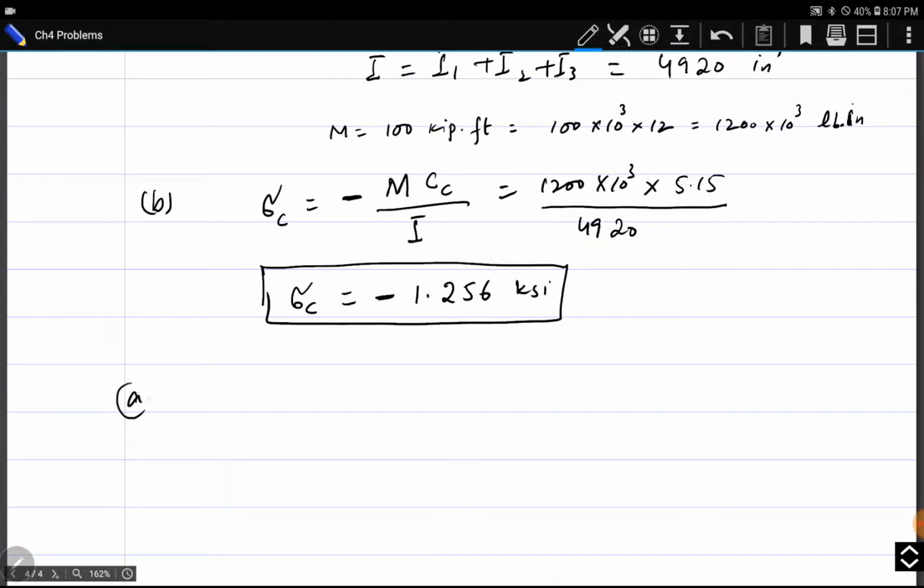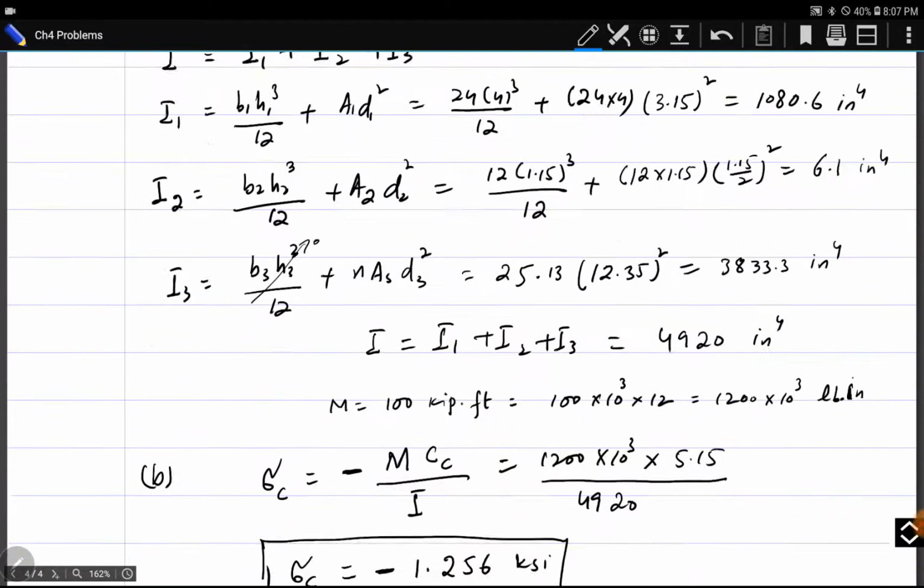In part A, we were asked to find sigma for steel. Because we transformed steel into concrete, we have to multiply sigma for steel with N into MC for steel divided by I. N was 8, we calculated it. M is 1200 into 10 power 3.